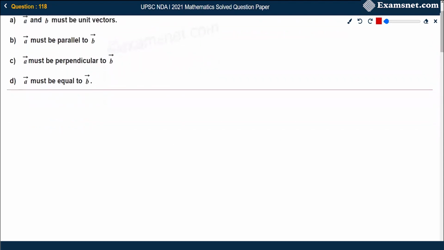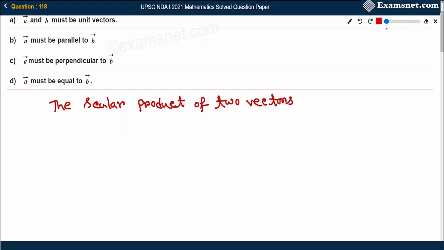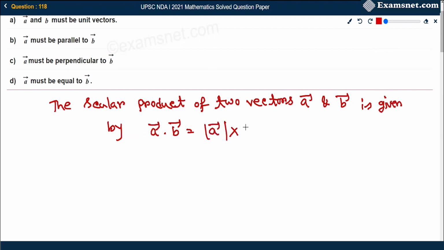First of all, the scalar product of two vectors A and B is given by mod of A mod of B cos theta.